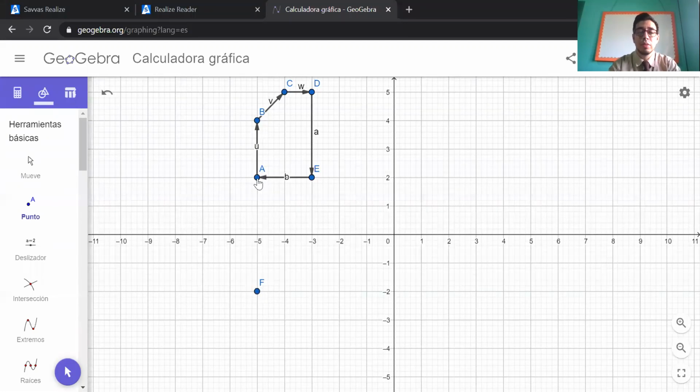B is separated 2 units, 1, 2. So this has to be A prime, and B prime. C is located in here, right? This is going to be C prime. D is going to be located in here.